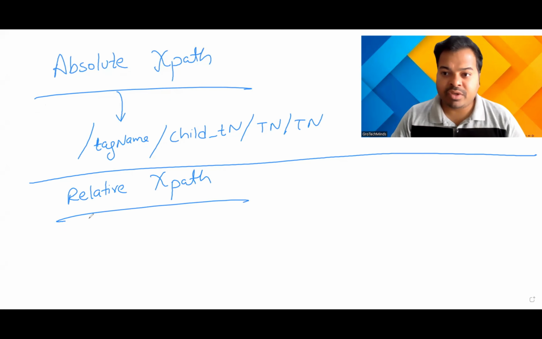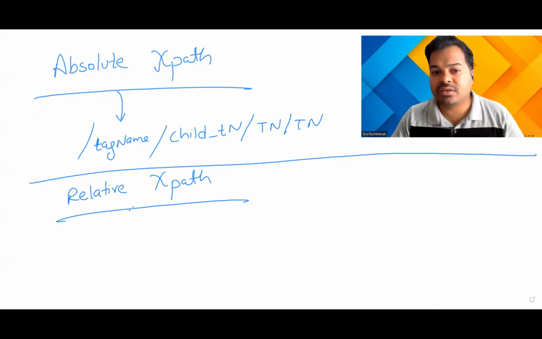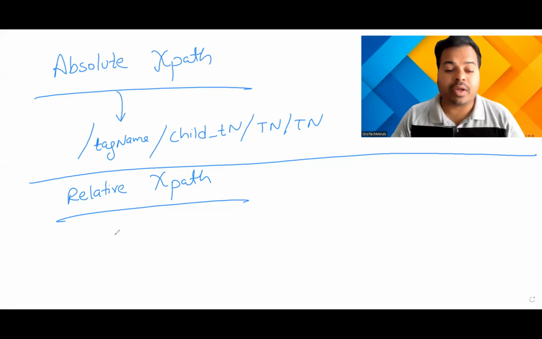I hope I have given you the definition of relative XPath too. The relative XPath means, have I given the definition, guys? Yes, Manish. Okay, can anyone repeat it for me, please? Navigate or traverse from a parent tag name to any of the child tag names directly with the help of double forward slash. Okay, that's good.